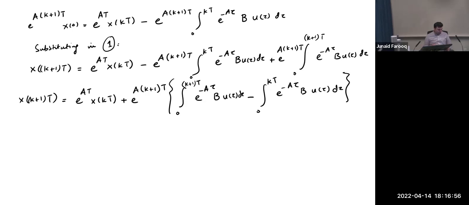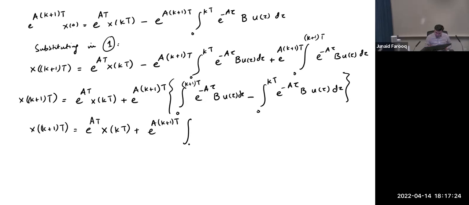Okay, so we can now combine the integrals. Let me write down the complete step. x of kT plus e to the power A(k plus 1) capital T, and then the integral, because it's a subtraction.